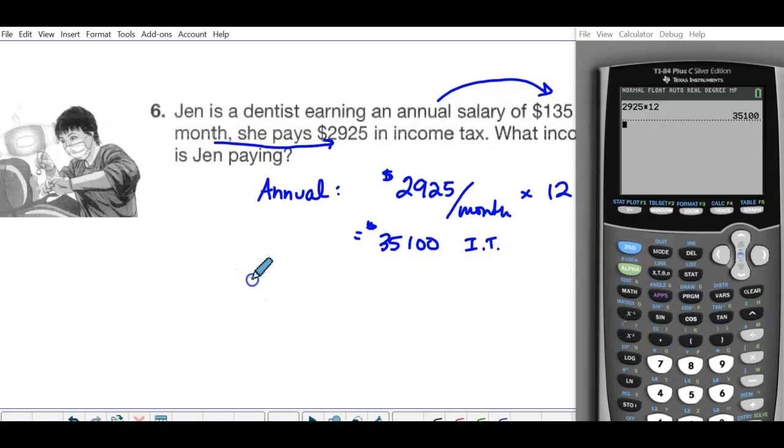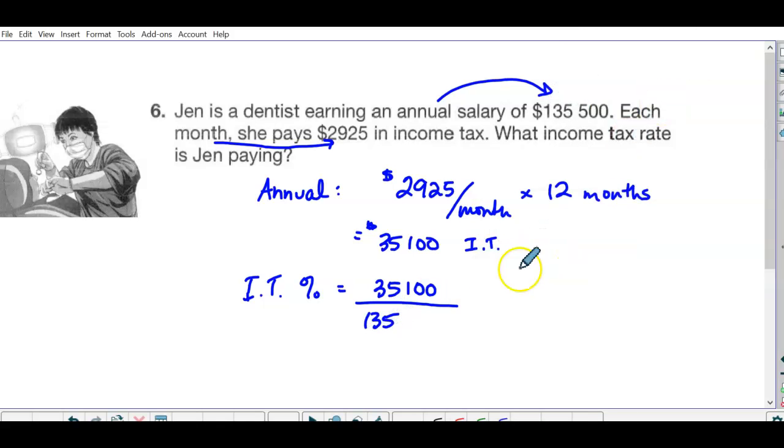So now for the income tax percentage, we know how much she's paying in the entire year, and that needs to be compared to her gross annual salary. So we divide and then multiply by 100%.